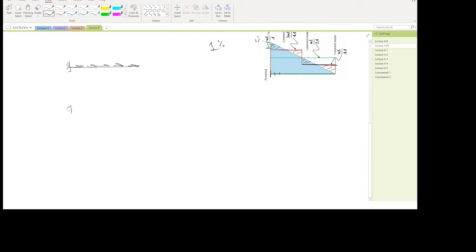And this is how the displacement would look like. And this is U, and this is how the stress would look like. And by the way, the stress and the strain would look like this type of figure.